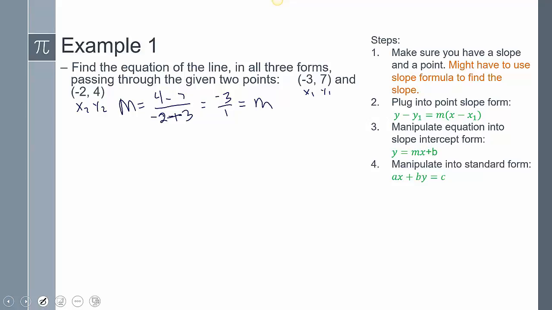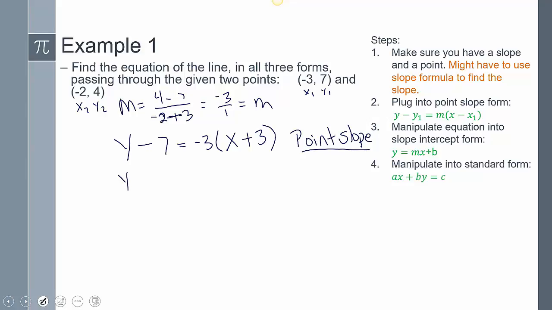Now plugging it into my point slope form, I get y minus y1 equals my m times x minus my x1. Because that's a -3, that's why it turns into a positive. You do the opposite. This right here is my point slope. Now we have to take this point slope form and turn it into our slope intercept.